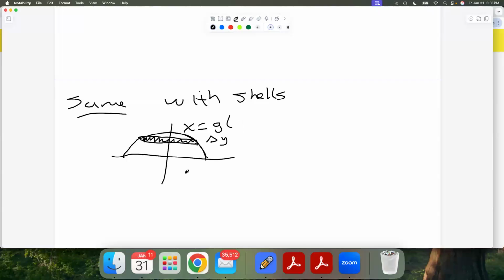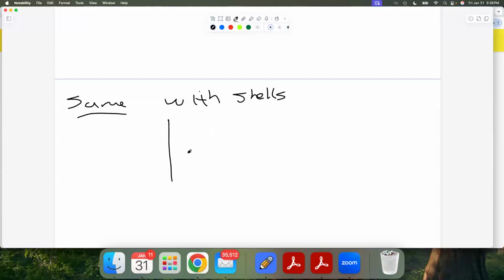But I think it's going to be better if we start with a curve over here and we rotate around like this. So this is the curve, exactly the same curve I was just talking about, x equals square root of r squared minus y squared.